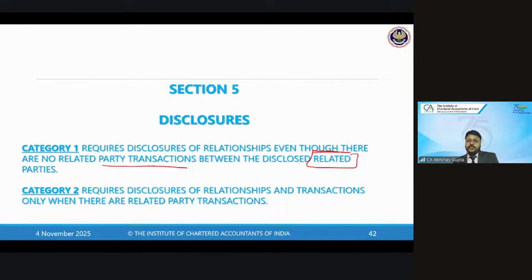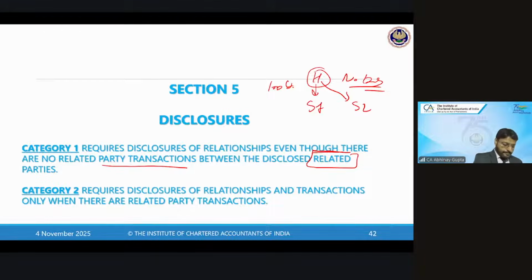For example, there is a holding company H and a subsidiary company S1 and a subsidiary company S2. With S1, the holding company is undertaking a 100 crore purchase of goods transaction, but with S2 there is no transaction. Now, is only S1 required to be disclosed as a related party in the books of H, or is S2 also required to be disclosed?